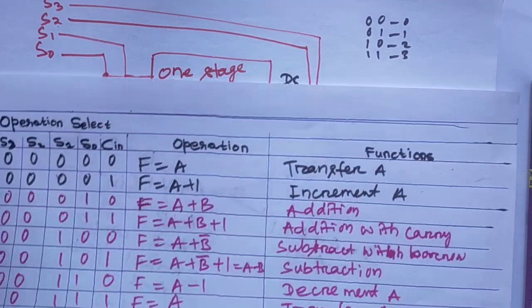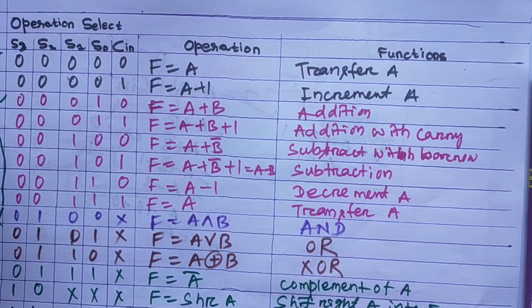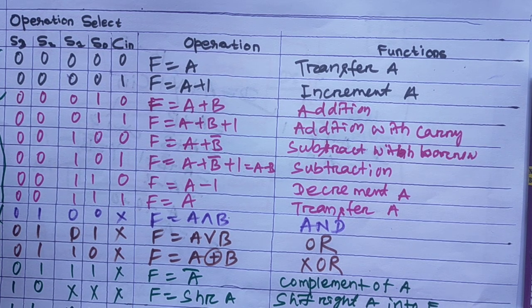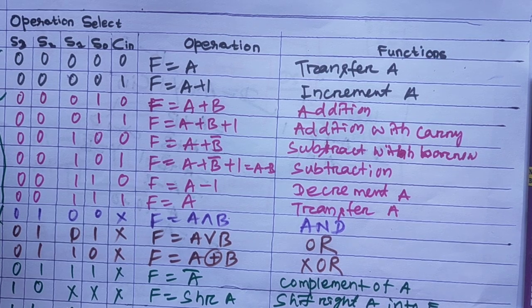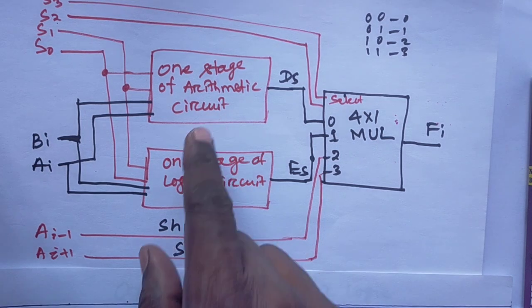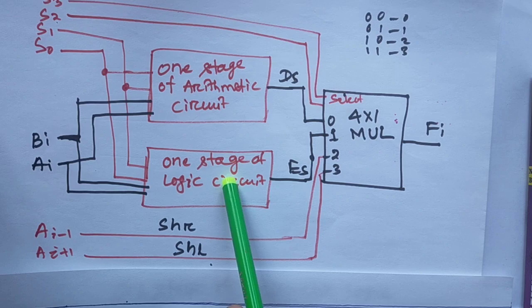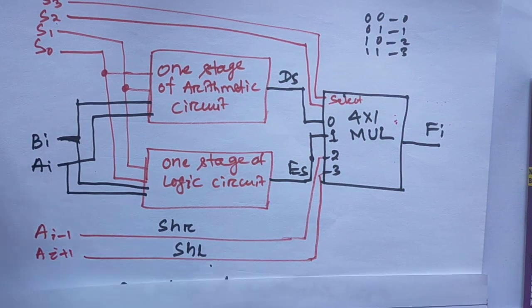In a very simple way we can also see how different functions are generated as per these one stage logic circuits, and how the different operations, either mathematics operation, logic operation, or shift operation, are defined.